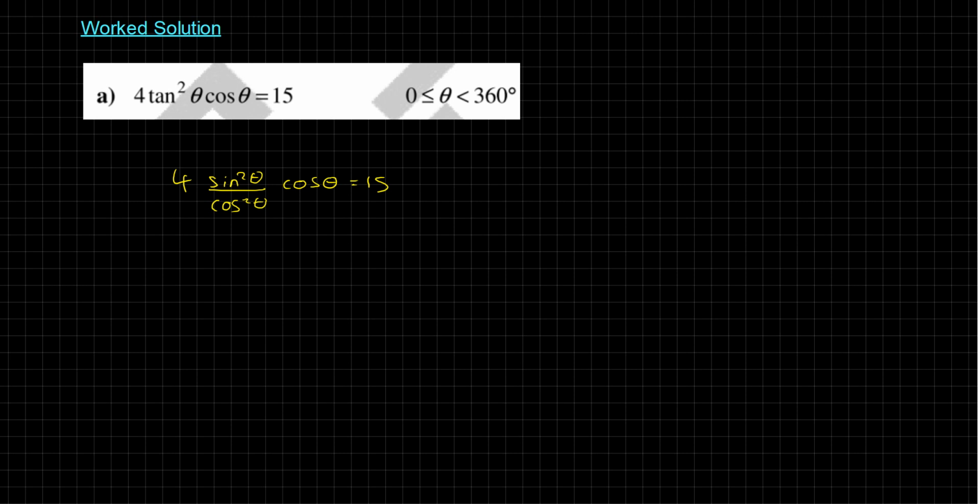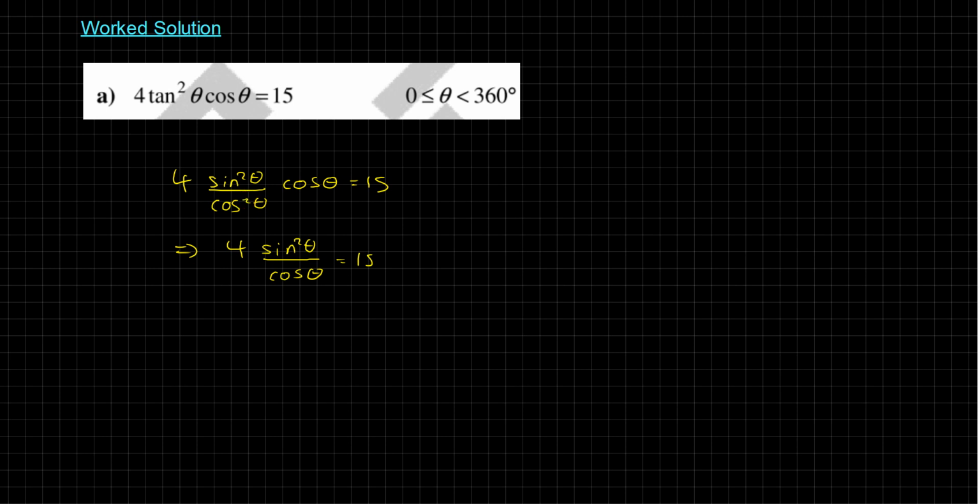Now, there's cos squared theta on the bottom and cos theta here, so one of those coses is going to cancel. So this is the same thing as sine squared theta all over cos theta equals 15, because I've cancelled that cos with the fact that this is squared.